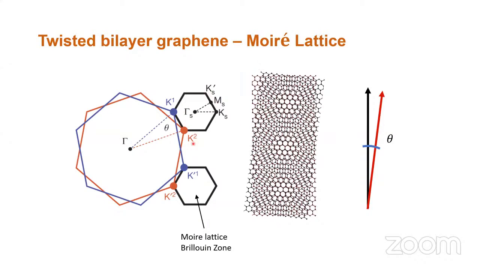As a result, the Brillouin zone of the Moire lattice is much smaller. Once you have this small Brillouin zone, the original bands start getting folded, which leads to a very different type of electronic spectrum in twisted bilayer graphene than the original single layer graphene or even bilayer graphene itself.